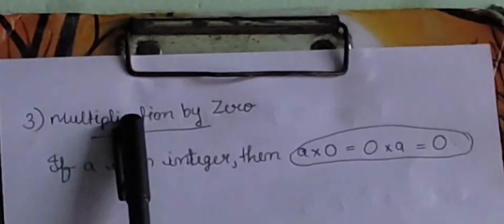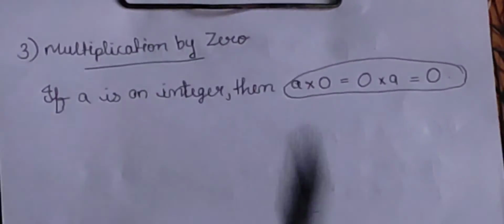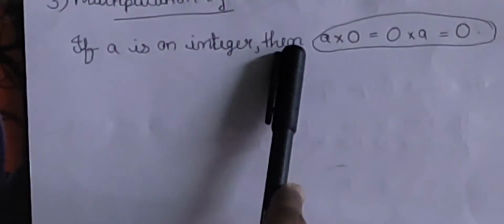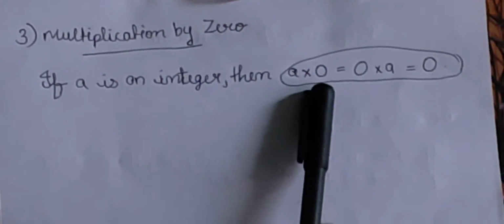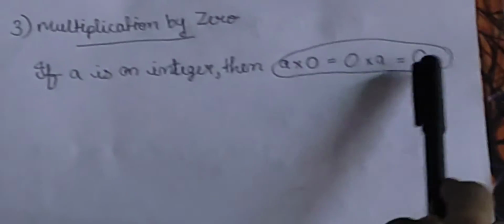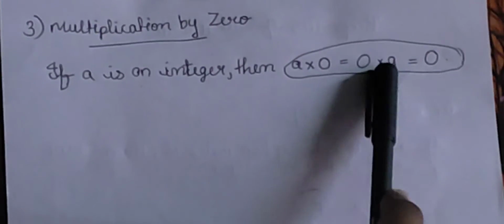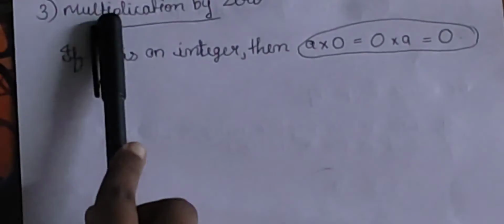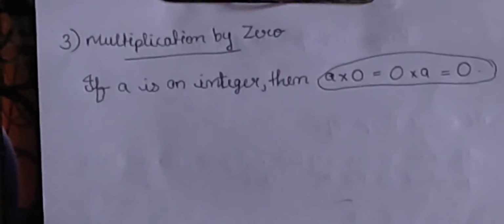Third one, multiplication by 0. If a is an integer, then a into 0 is equal to 0 into a is equal to 0. This is the equation of multiplication by 0.